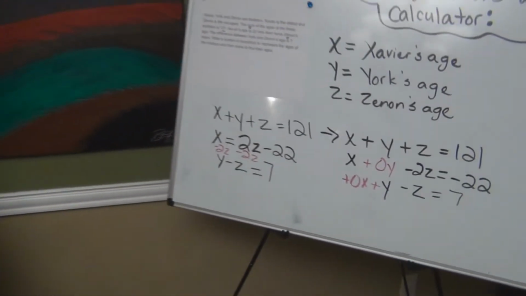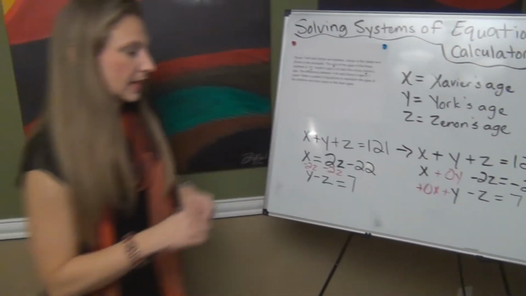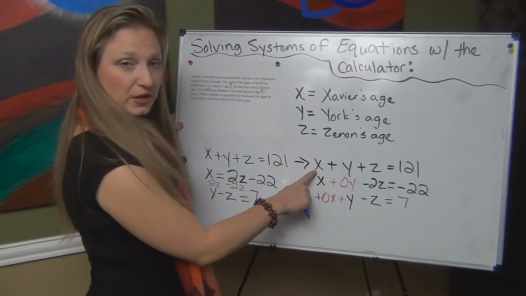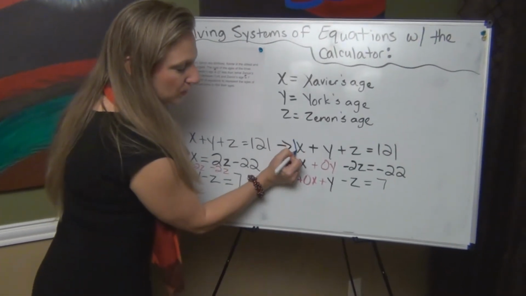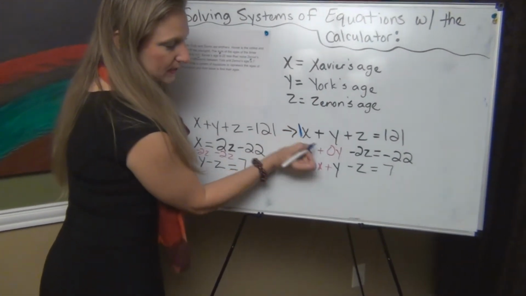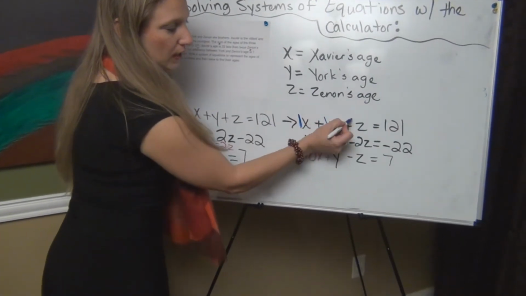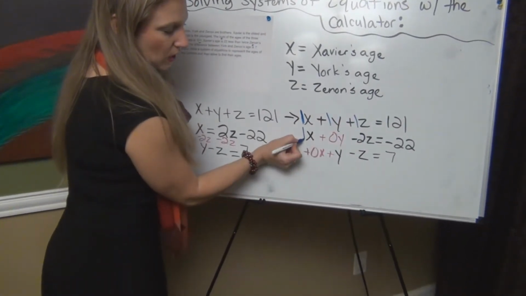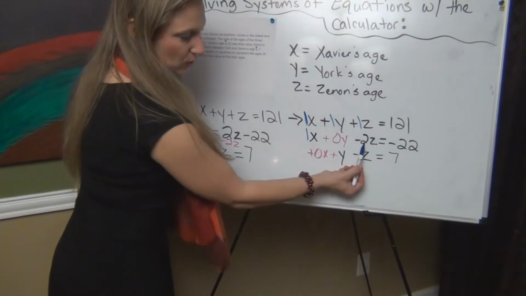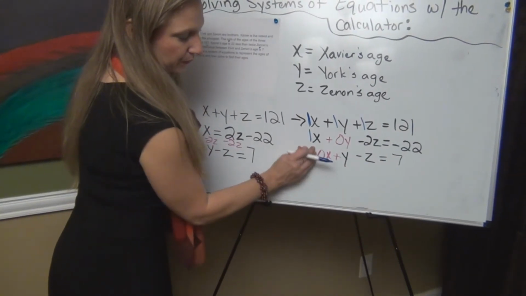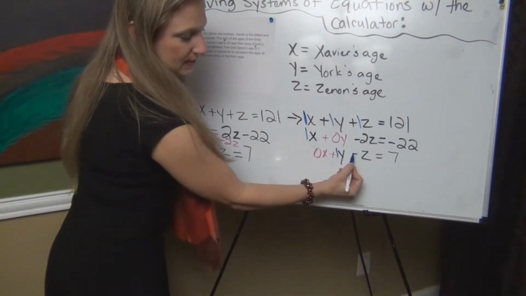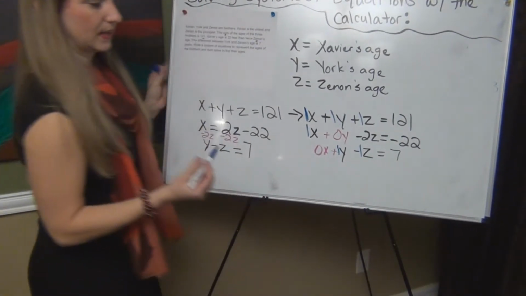Also keep in mind that anytime you don't have a number in front of a variable, a 1 is always implied. So we know this is a 1x, we know this is a 1y, a 1z, a 1x, that's 0, negative 2, we've got 0, 1y, and this is a negative 1z.